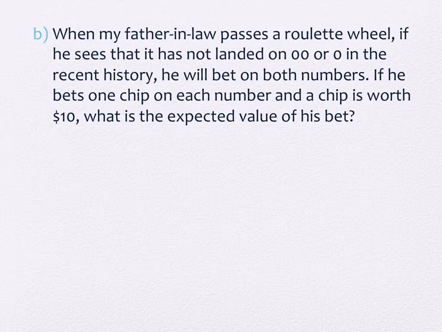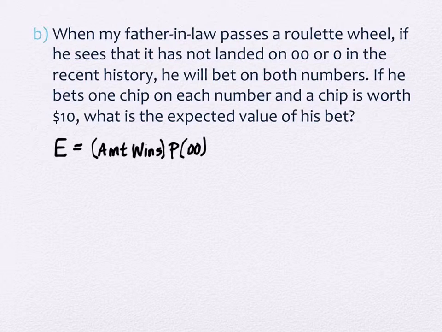Let's say it this way. Let's say the amount that he wins, compared to the probability of rolling the double 0, plus the amount that he wins compared to the probability of rolling a 0.